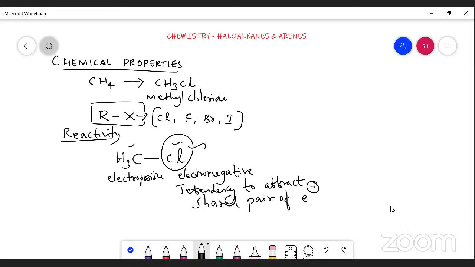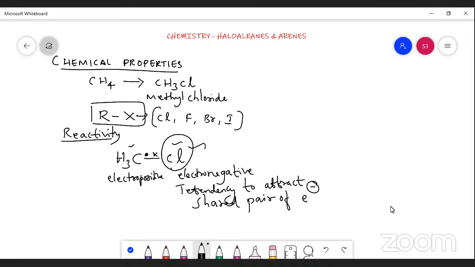The carbon gives 1 electron and the chlorine gives 1 electron. By using these 2 electrons only, the bond will be formed between C and Cl. So then only we can expect the C-Cl bond.